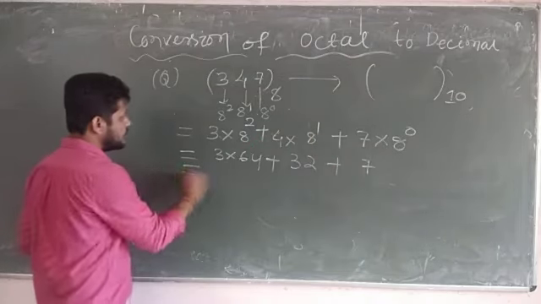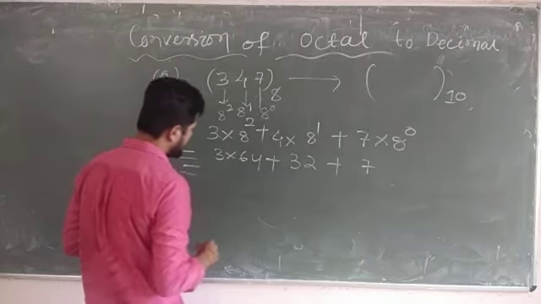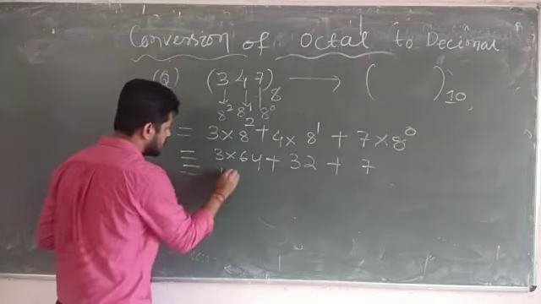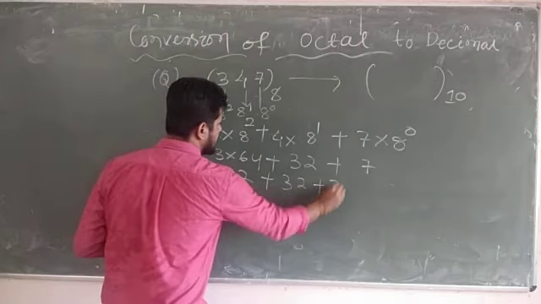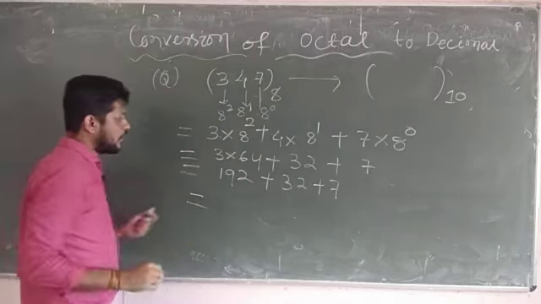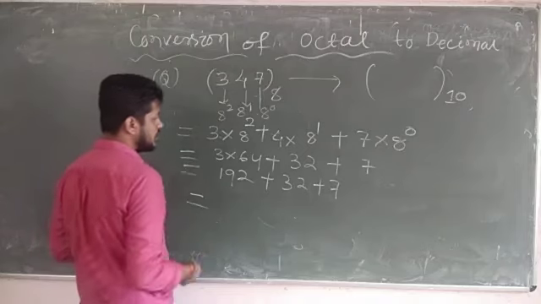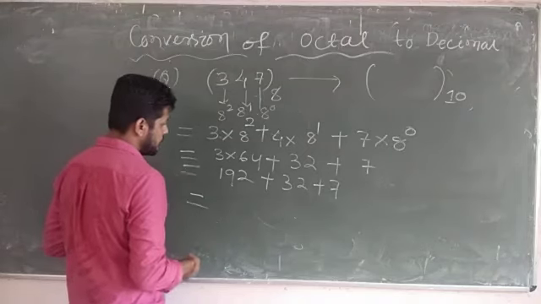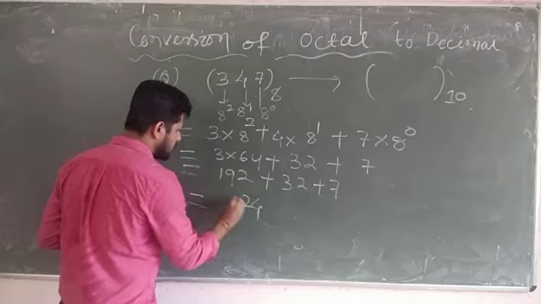So 64 into 3 means 3 into 4, 12, 3 into 6, 18, so 192, plus 32 plus 7. So 192 added with 32 is 224.